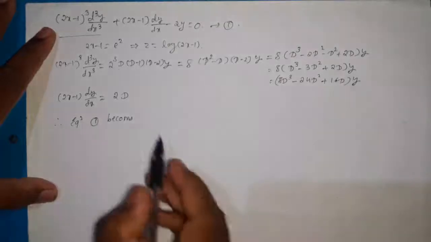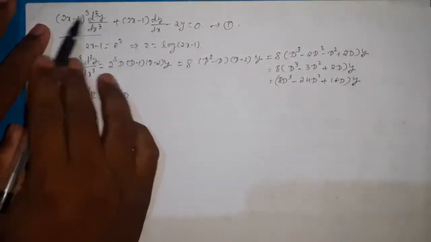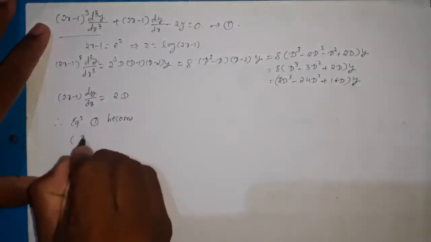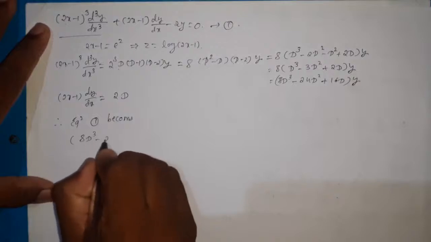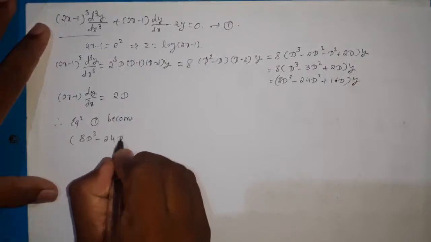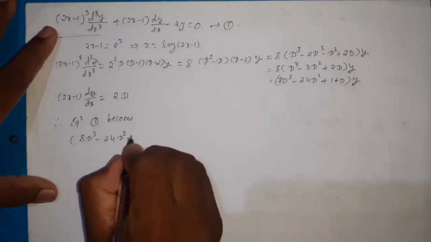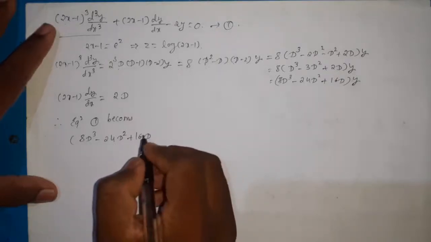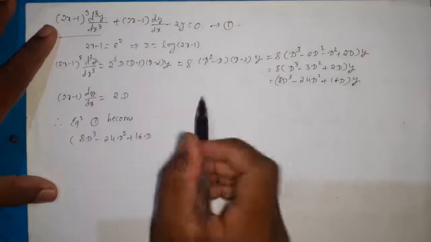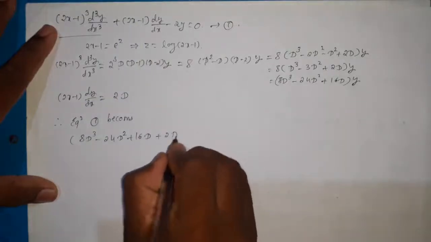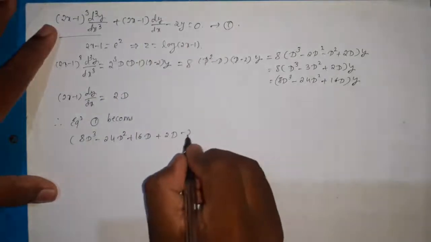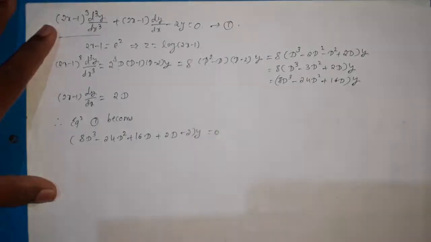Now this equation becomes, now substitute this value, that is 8D cube minus 24D square plus 16D, here it is plus 2D minus 2, into y is equal to 0.